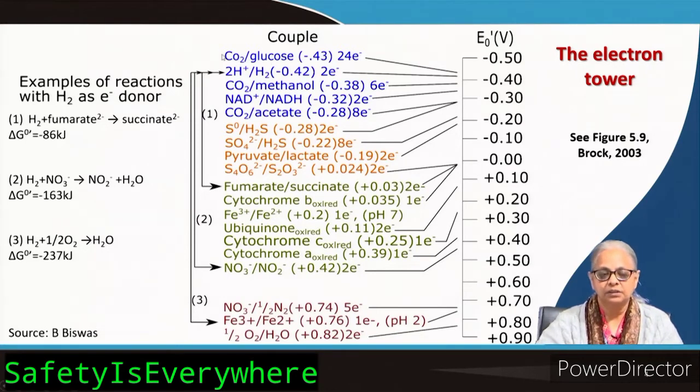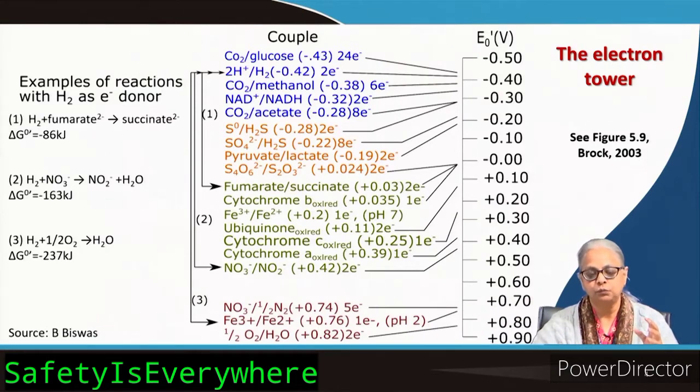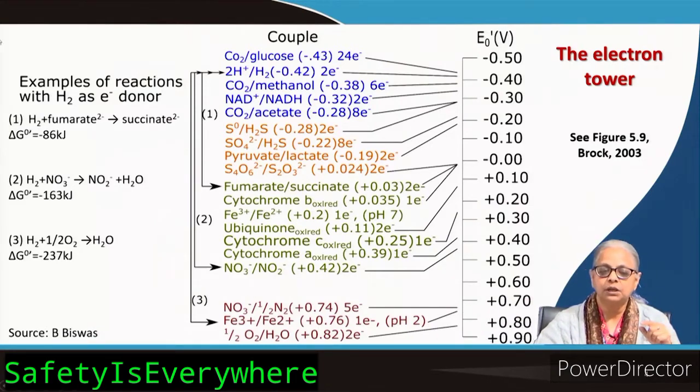You can see that the greatest distance is from glucose to oxygen. If you combine the top and the bottom, that is where the greatest release of energy is going to be. If you have glucose plus oxygen going to CO2 and water, that is nothing but a combination of these two half reactions.